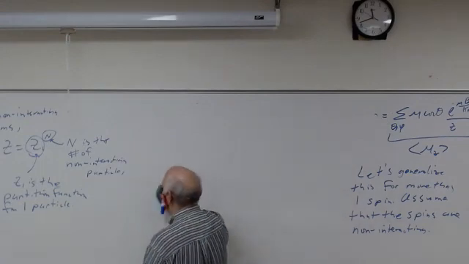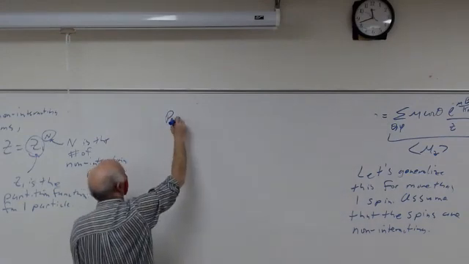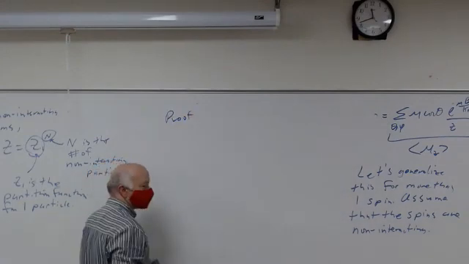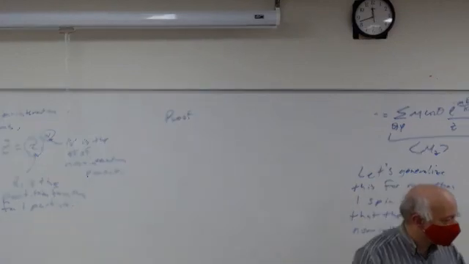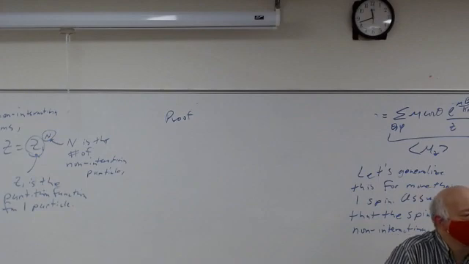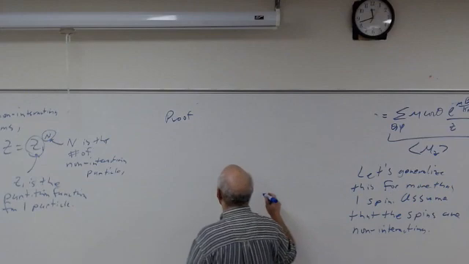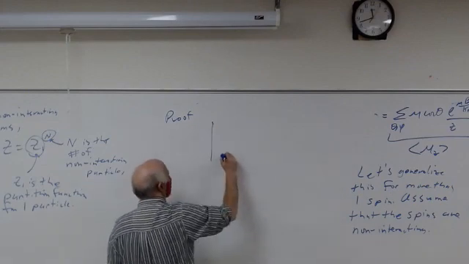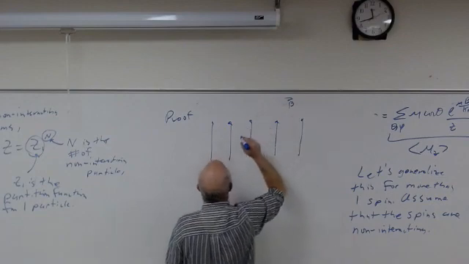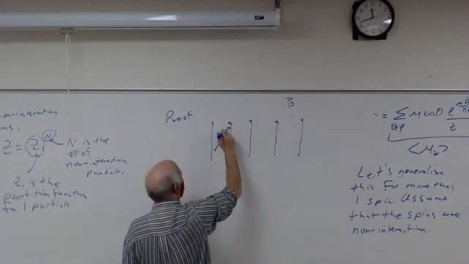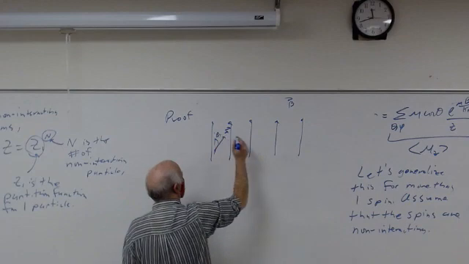Okay. Proof. Okay, you tell me. We're assuming that all the particles have the same mu. So here's our system. Here's the B field. This is mu here, at some angle theta 1.